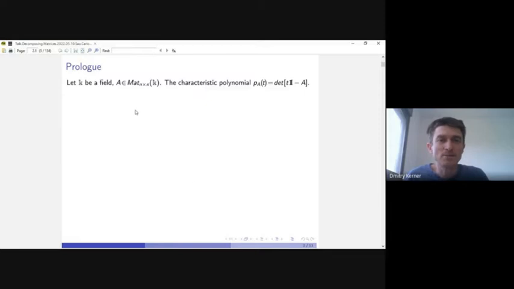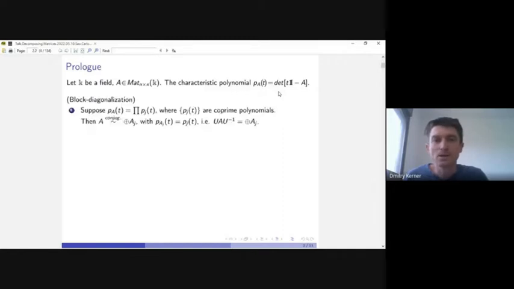Suppose K is a field, and A is a square matrix, and then we take the characteristic polynomial of the square matrix. Yes, here it is, as in the first year. And then we can try to diagonalize, or at least to block diagonalize. So suppose the characteristic polynomial factorizes into some polynomials, and we assume they are co-prime.